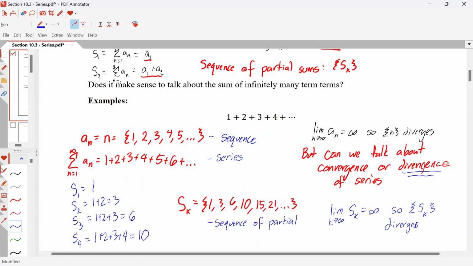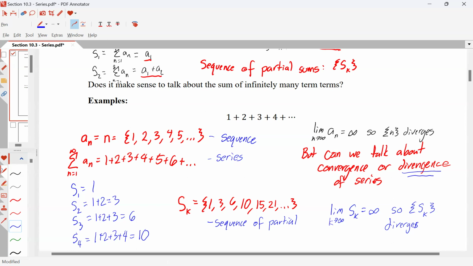But if we're always adding an infinite number of things together, will we ever come to a finite number? Well, think about integrals. They're a little bit different, but the integral ultimately was trying to add an infinite number of tiny rectangles together. And we would get those infinitely many tiny rectangles to come out to a finite area under a curve.